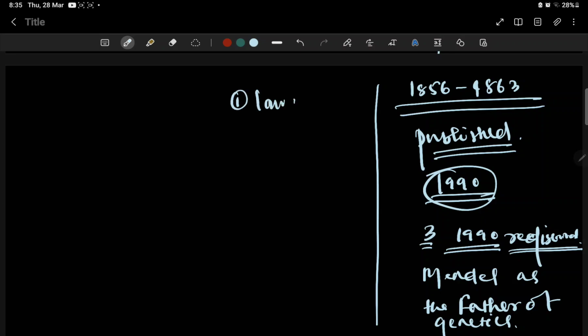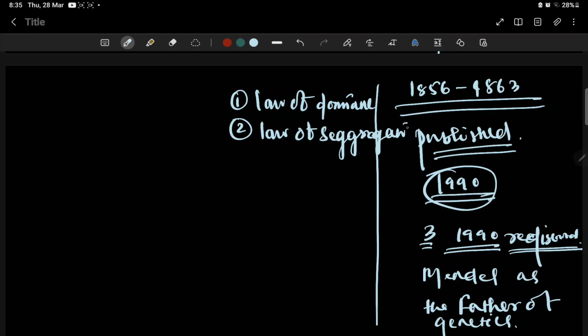One is law of dominance, second is law of segregation, and third is law of independent assortment.